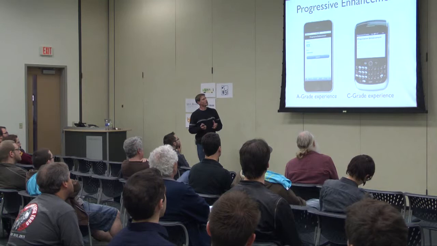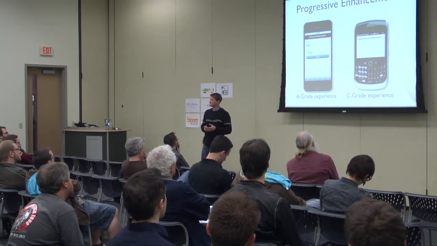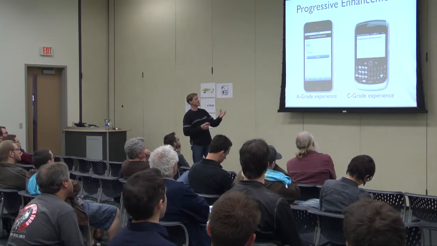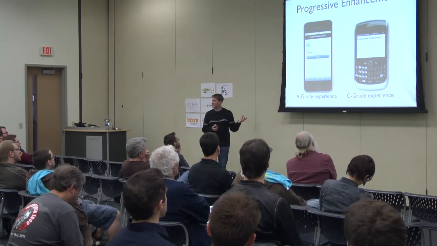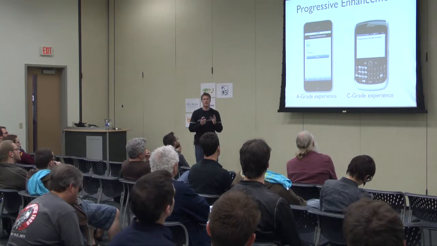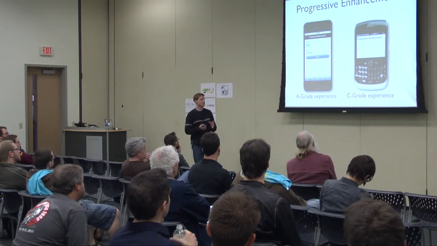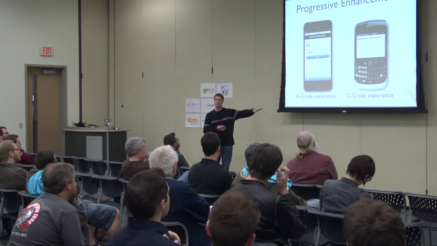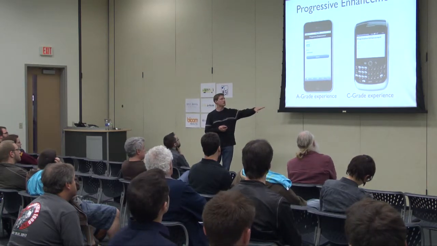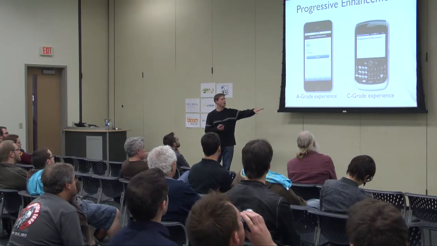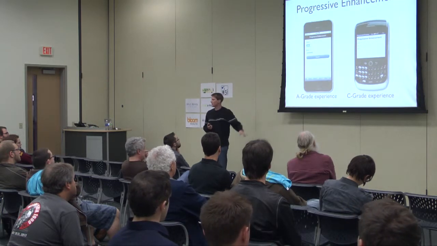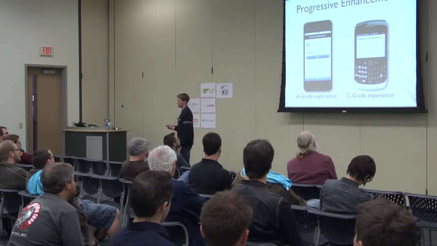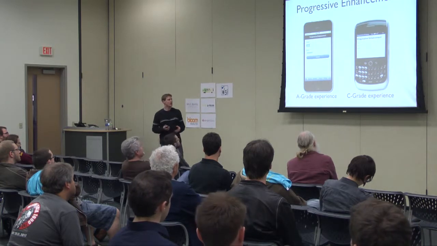With jQuery Mobile, we also get progressive enhancement out of the box if those devices support it. For instance, iOS is an A-grade experience. They support the latest CSS, media queries, and all those features that give them an optimized experience. However, if you have an older BlackBerry device, like the Curve, which is several years old, it doesn't support the latest CSS and media query properties.